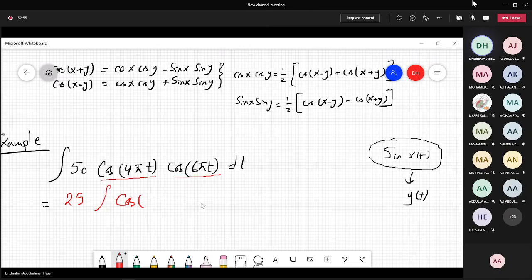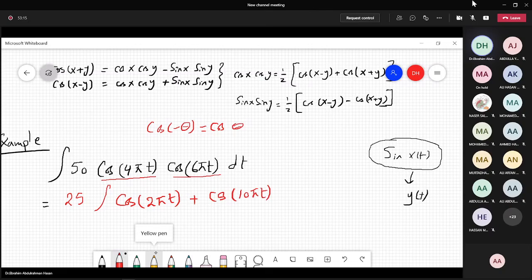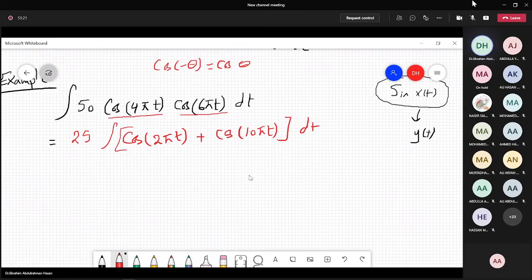But we know that cosine of minus theta equals cosine theta. So then cosine 2 pi t plus cosine of x plus y, so 4 plus 6, which is 10 pi t, dt. Now it has become easy.